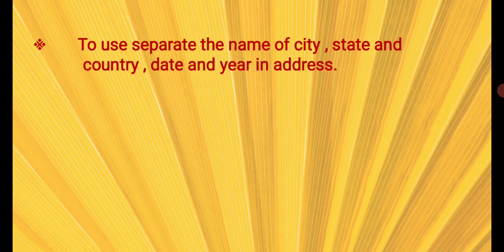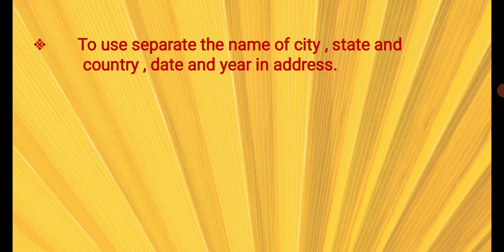So this is the way we will use comma with the conjunctions. Let's see the next use: to separate the name of city, state, country, date and year in an address. If we are talking about "I live in Ahmedabad, Gujarat," then after Ahmedabad we will put a comma and then Gujarat and then a full stop.